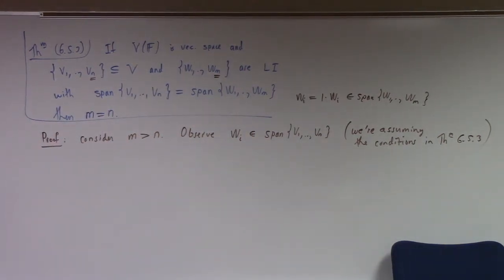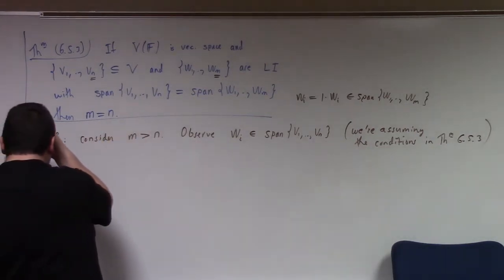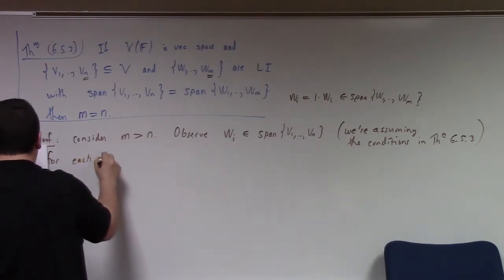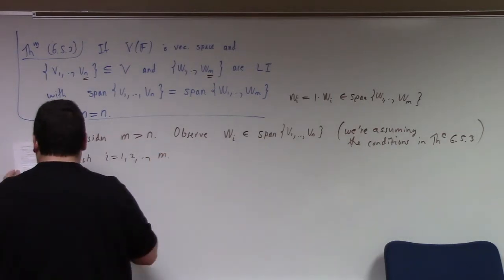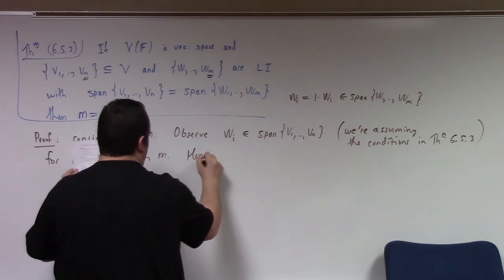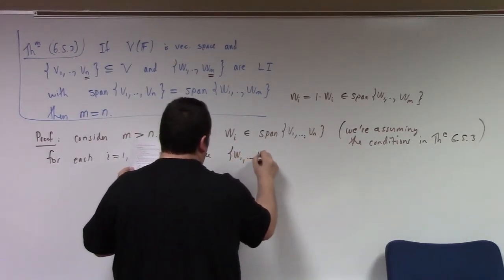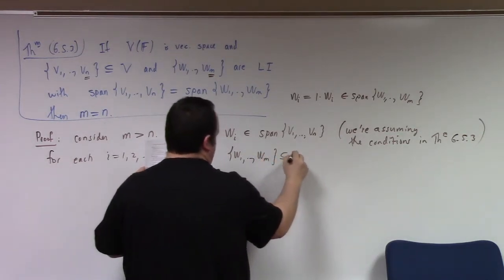Like S is a subset of span S. Anyway, so Wi is in that span, and that's for each i equals 1, 2, all the way out to m. Hence, we've got that W1 through Wm is a subset of the span of the V's.